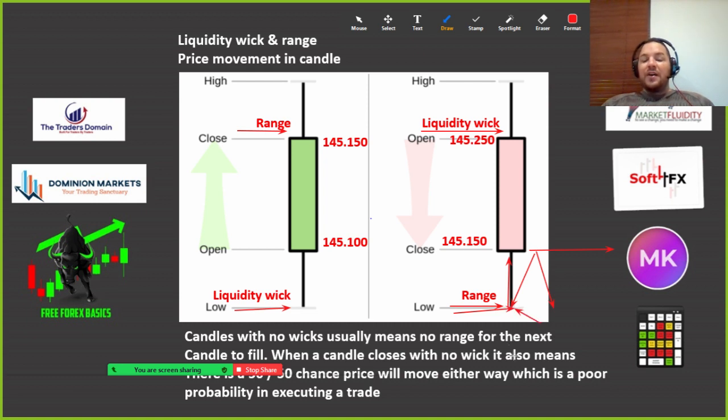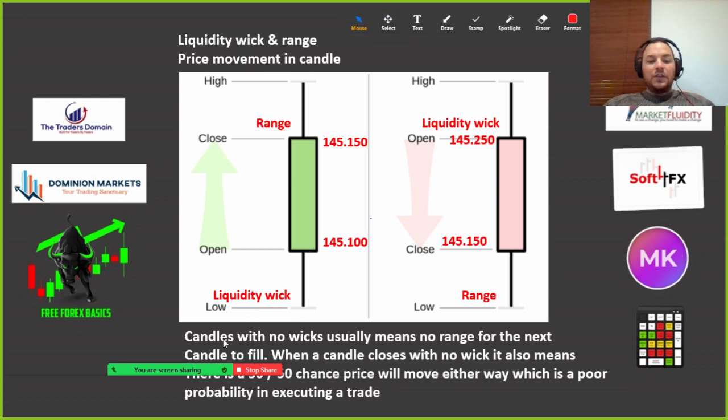Price can continue down, and it's a bearish candle, so you would sell. Pretty cool. Alright, now that I've made that clear, let's move on to the next thing.